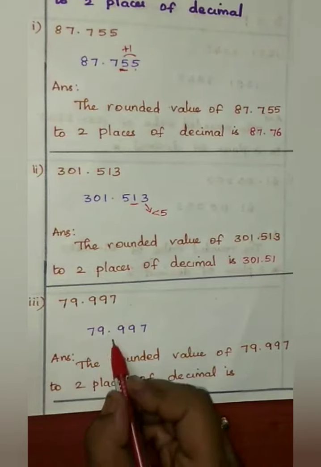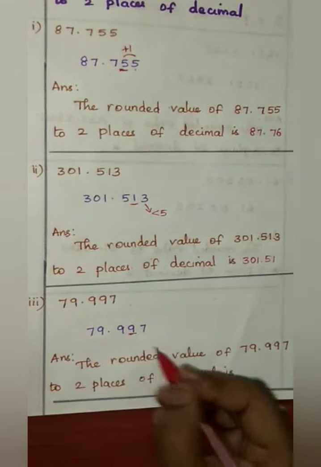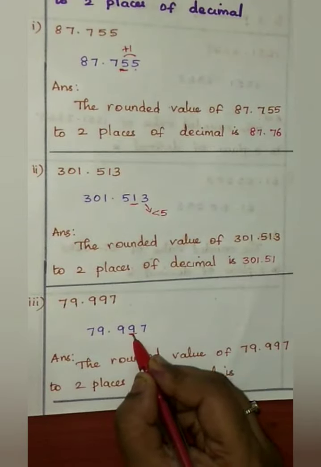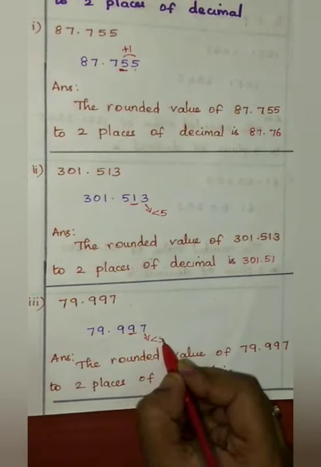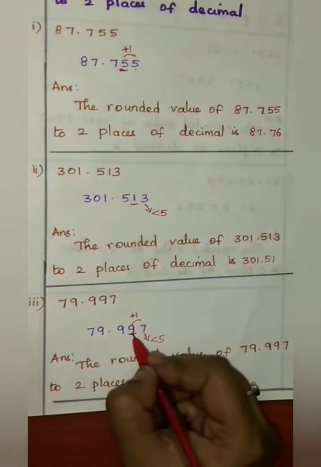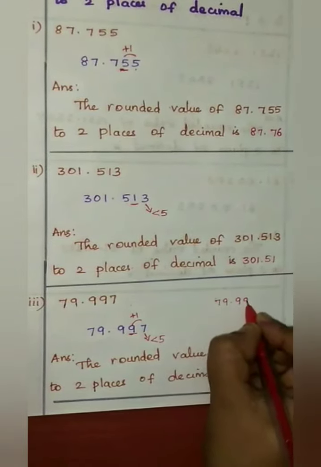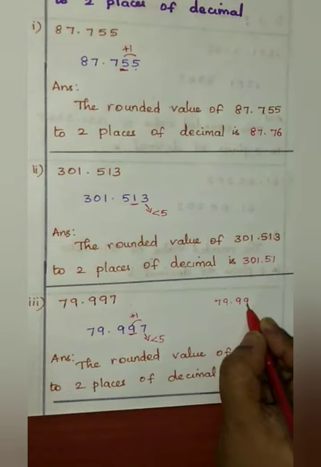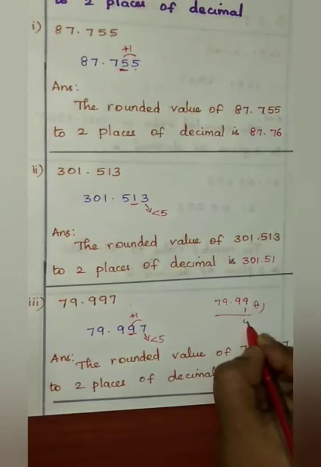Third subdivision, 79.997. Underline the digit in 100th place. 9 is in 100th place. And look at the digit next to the underlined digit. It is greater than 5. So add 1 to 9. So 79.99. When you add 1 to this 9, it becomes 9 plus 1, 10.